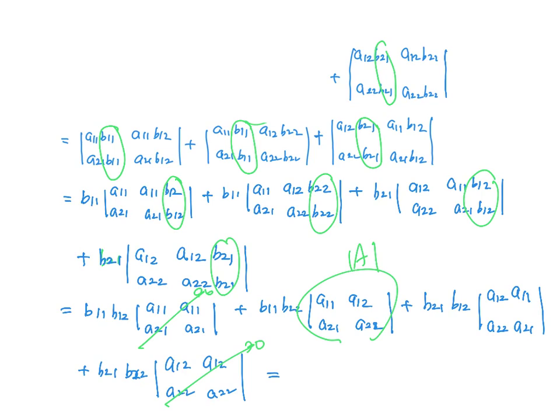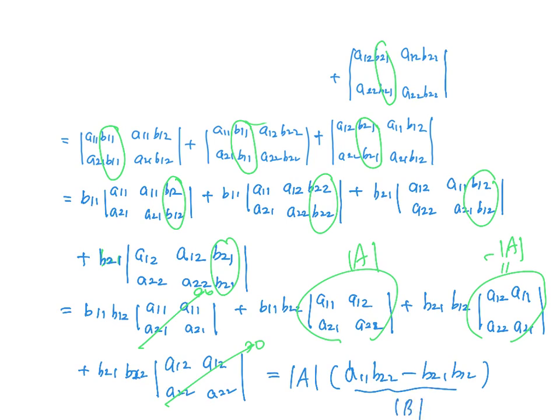This one, this column has been replaced, exchanged, right? So this is minus A. So this is determinant A times B11 B22 minus B21 B12. So this is determinant B. So this is determinant A times determinant B.